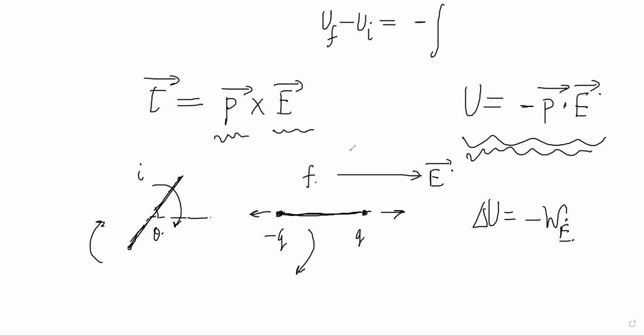Work done would be torque d theta, right? You will have to calculate this, and you will be able to prove that total U can be defined as minus P dot E. Are you understanding what I'm saying?